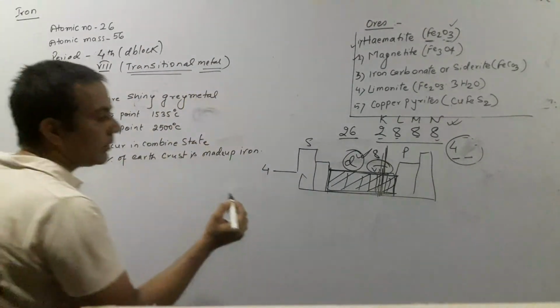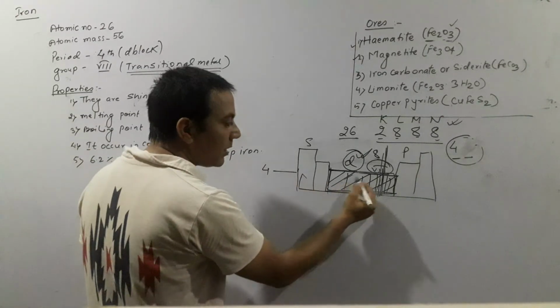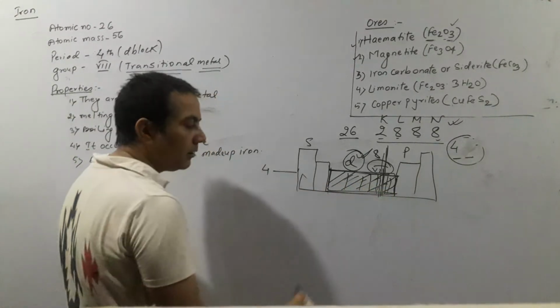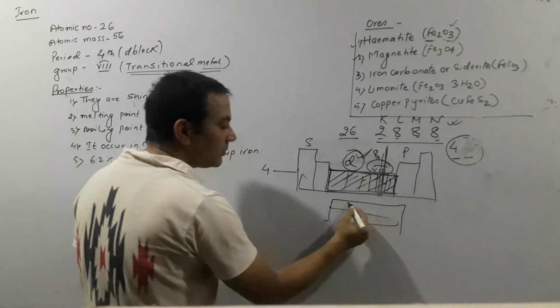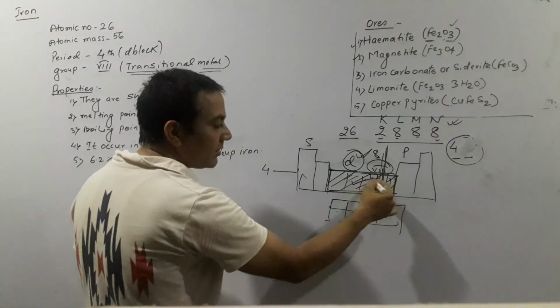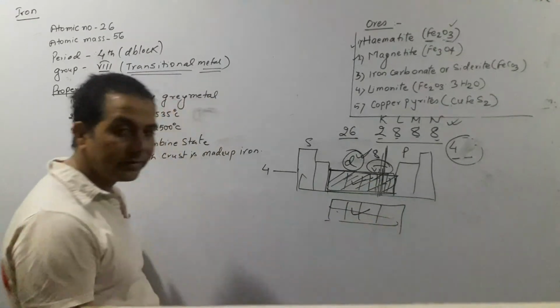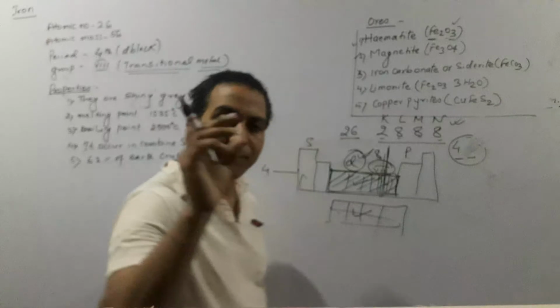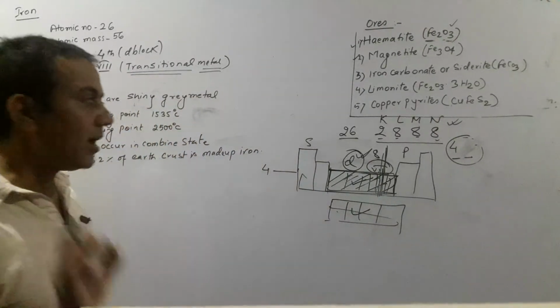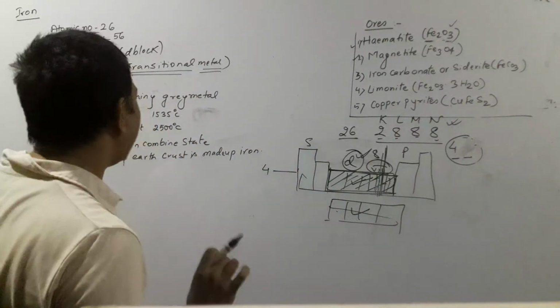So in the periodic table, these are called transitional metals. Then here another one is inner transitional metals. This one is transitional metal, this one is inner transitional metal. Therefore, iron is also called a transitional metal.